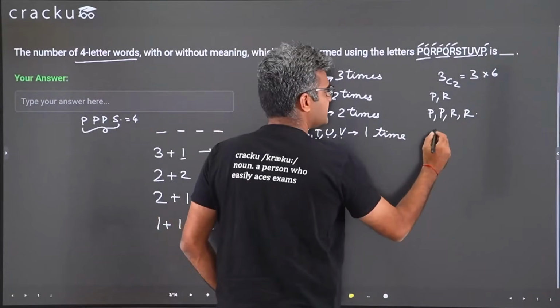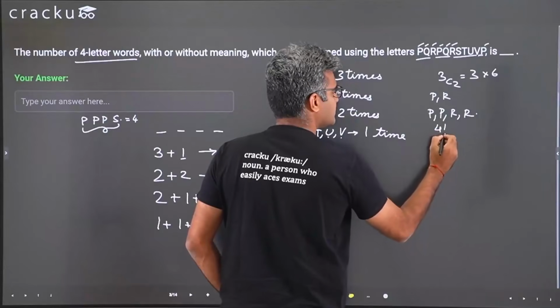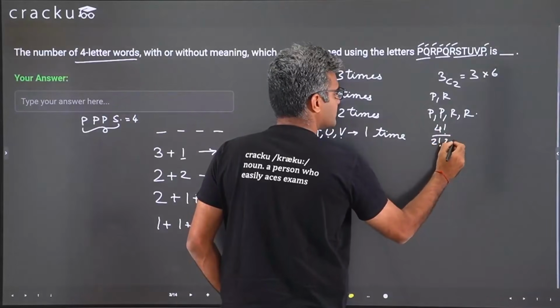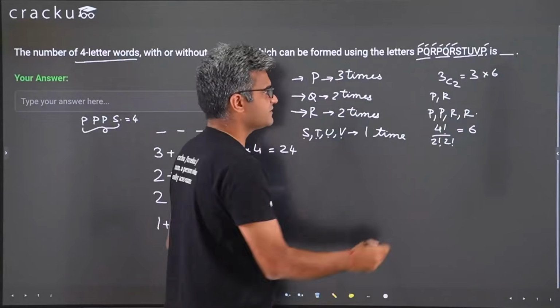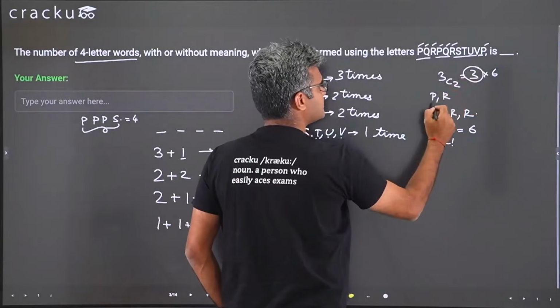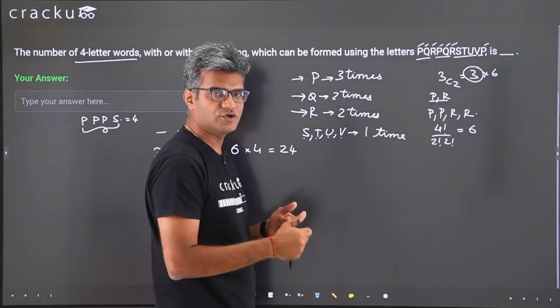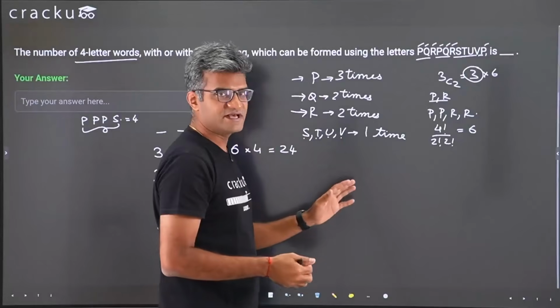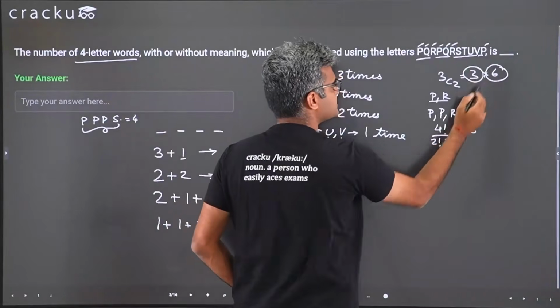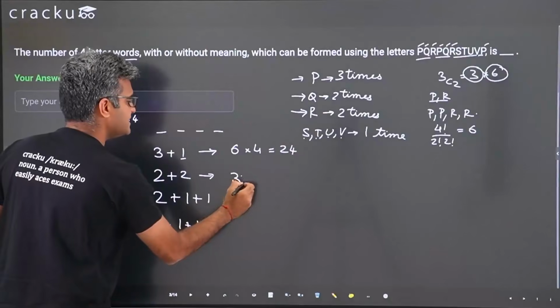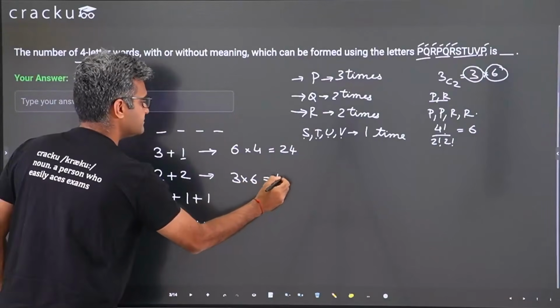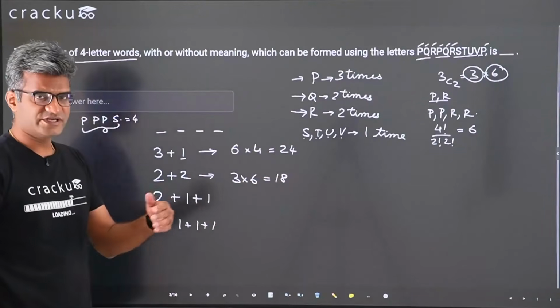The total number of arrangements that are possible will be 4 factorial divided by 2 factorial into 2 factorial, which is 6. So basically what we are saying is there are 3 ways to select the 2 letters. It is either PQ or QR or PR. Once they are selected, we can arrange them in 6 ways. So the total number of arrangements possible in this case will be 3 into 6, which is 18. Let us look at the next case.